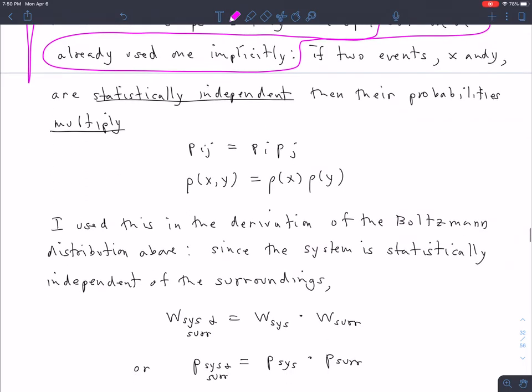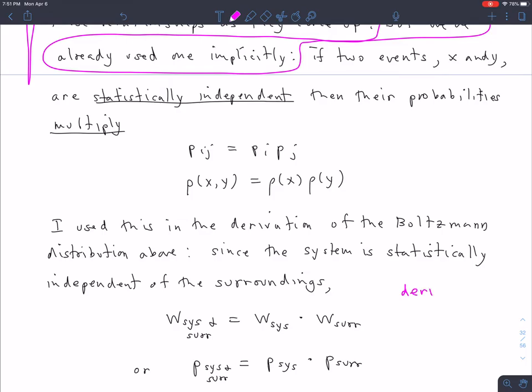and that's when I was deriving the Boltzmann distribution.